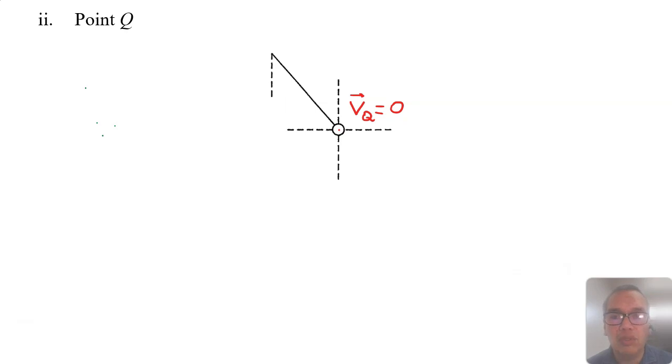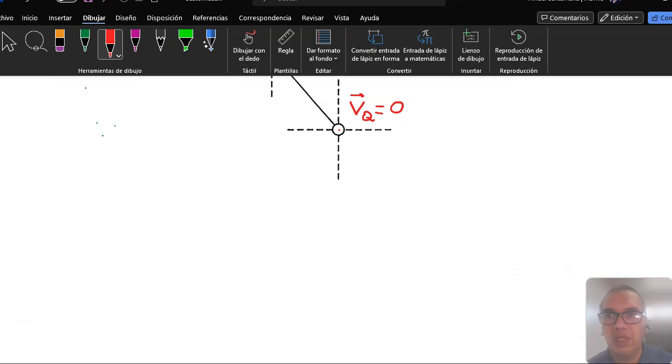And also, you want to say what happens with the acceleration. Now that's a little trickier, because in that case, it's best to consider a free body diagram to see what's going on with the forces at that position. So we want to say that x is an axis that is perfectly tangential to the circular path.